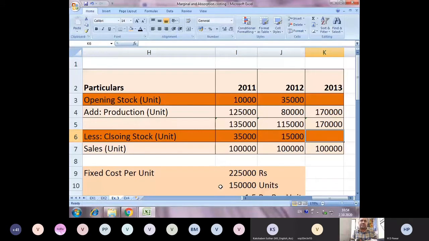Now this 15,000 becomes opening stock in 2013. 15 plus 170 is equal to 185, but 1 lakh is sold. So sorry, here not 15, here 85,000 is the closing stock. If anybody has any question or confusion, they can put their message or ask me on their mic.